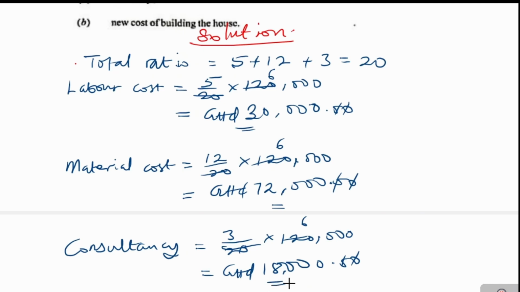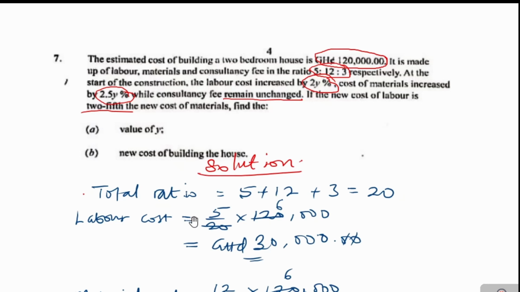So now we know the cost of labor, the cost of material, and the cost of consultancy. And this is a very good opportunity for us to go back to the A part of the question to find out more information to help us find the value of y. And this information is around the second part of the question, which says that at the start of the construction, the labor cost increased by 2y%.